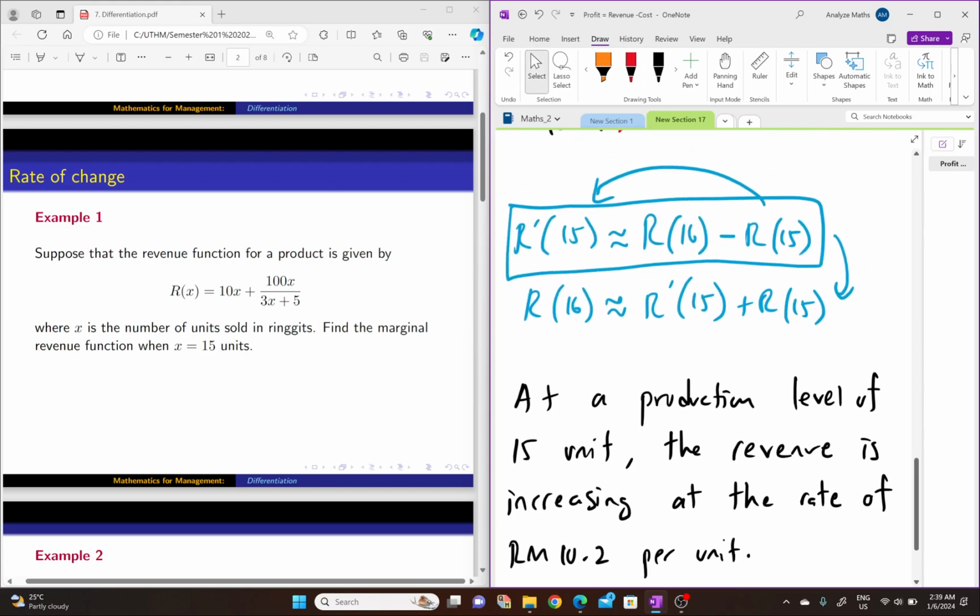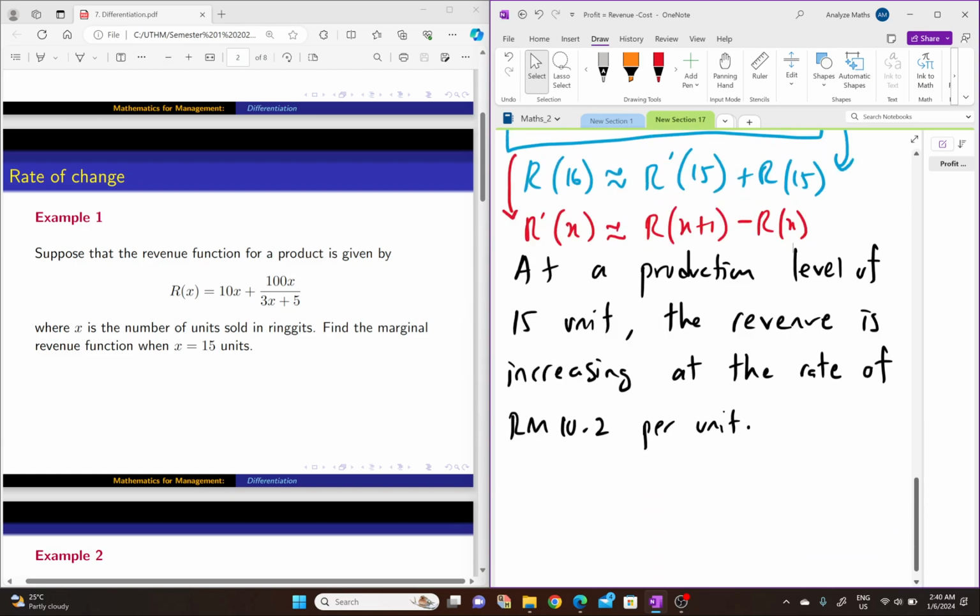Remember the general formula for this. If I want to find the marginal value after x units, that one should be the value at x plus 1 minus the value at x. This should be immediate one.